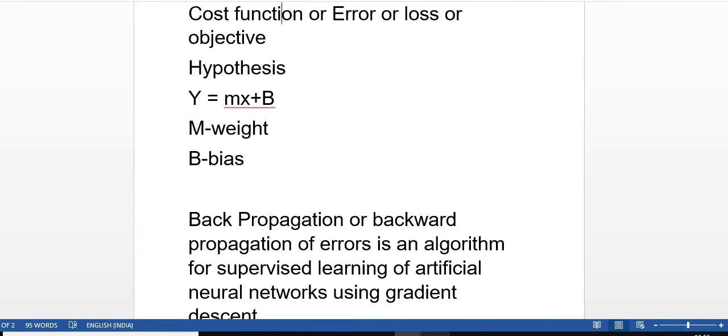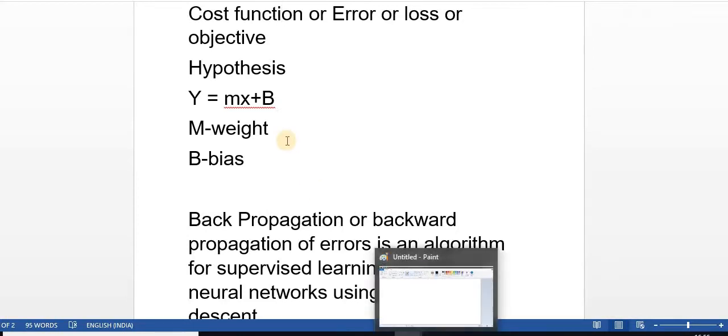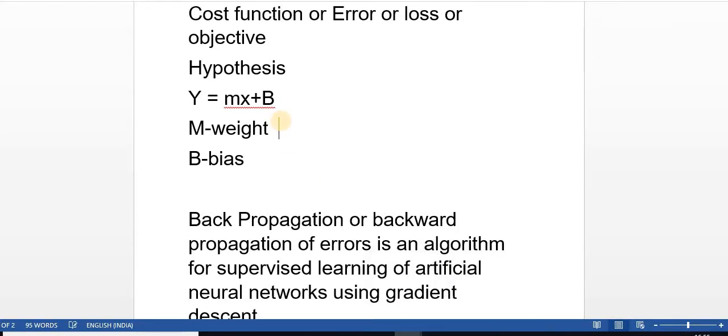Here m is the weight. Weight is sometimes denoted by w or theta. We will use theta as well. Theta usually denotes the angle, but here weight is denoted by w or theta, or in the simplest form we are using m.